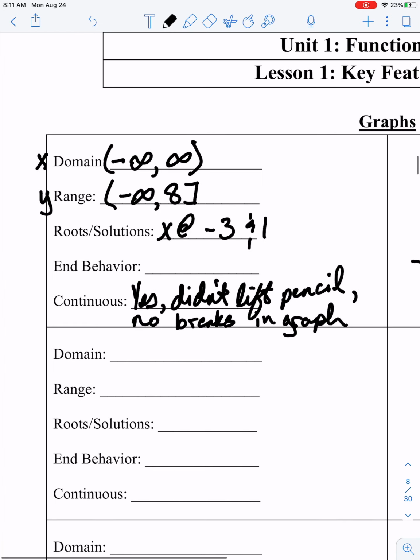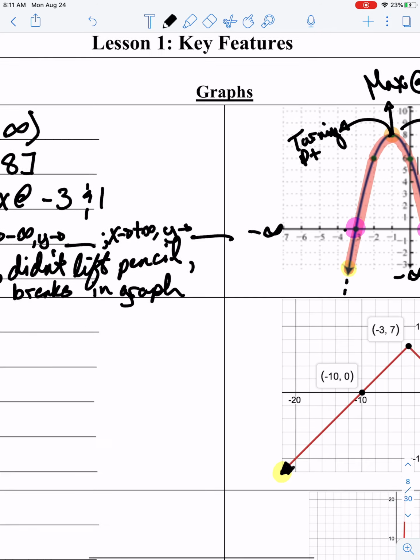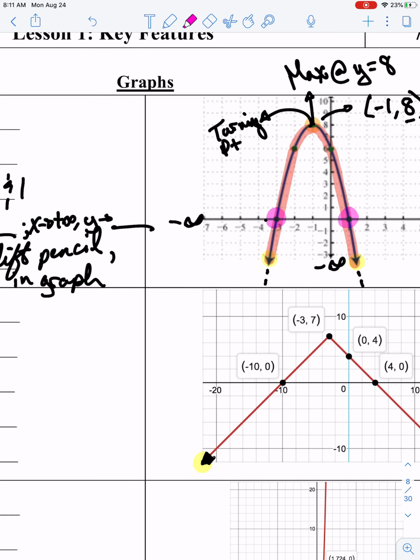And again, end behavior notation is always this way: x goes to negative infinity, y goes somewhere. X goes to positive infinity, y goes somewhere. So when I do end behavior, I always find the left piece of the graph and the right piece of the graph, and I'll put an L on the left and an R on the right. The left is always x goes to negative infinity. Well, is the graph pointing up or down?